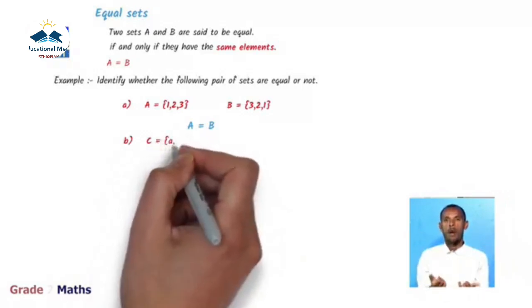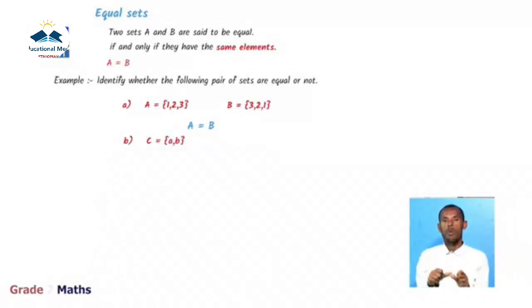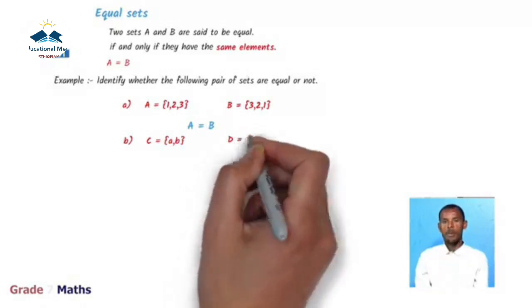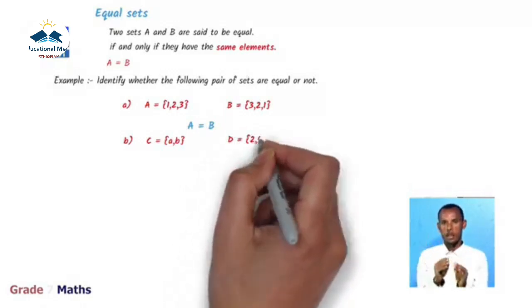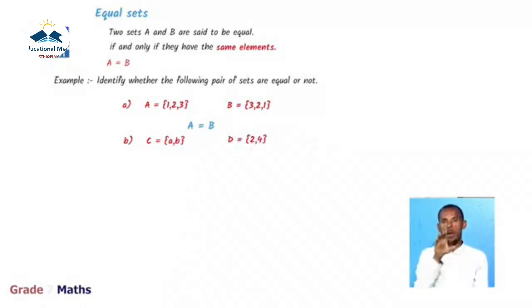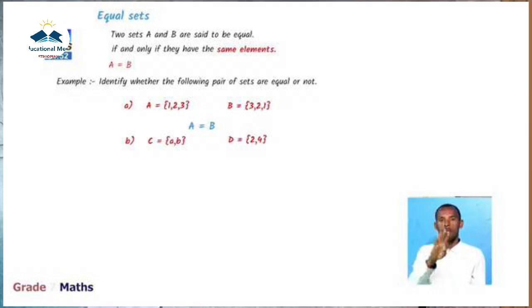Now, let's continue to the second example. Let's take another set. Set C contains the elements A, B, and set D contains the elements 2 and 4. Are these two sets equal sets?